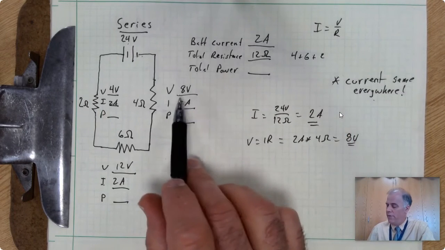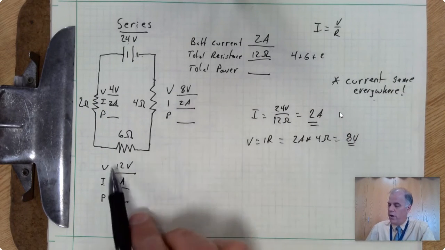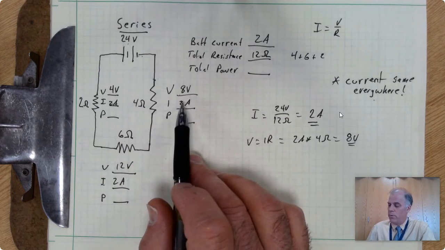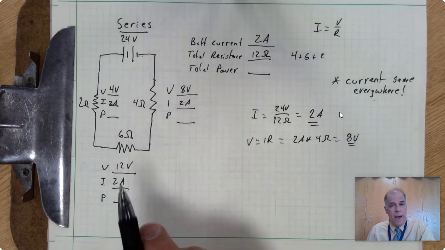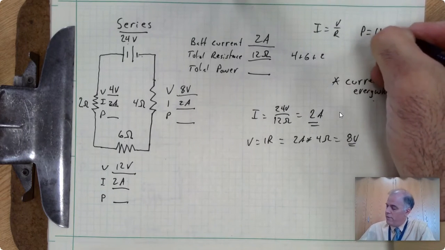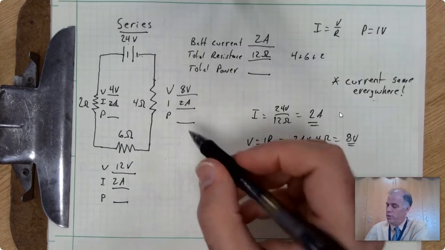Okay, so now we have the voltage and the current for each of the resistors, and that leaves us just with power. And power, as you probably recall, P equals IV, current times voltage, so we can do this for each of them.